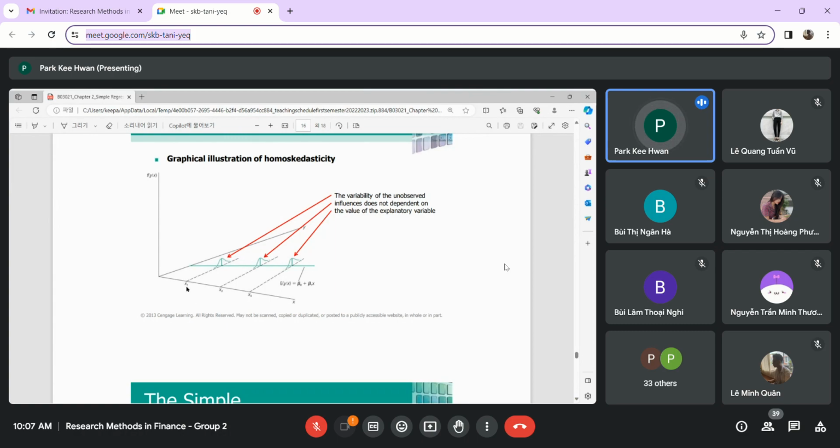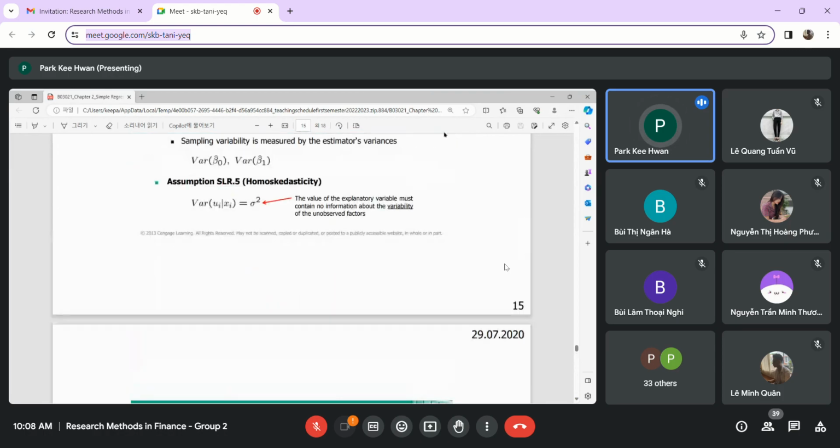Whether you have x1, x2, or x3, the variability of ui, how spread out the distribution is, does not depend on this explanatory variable.